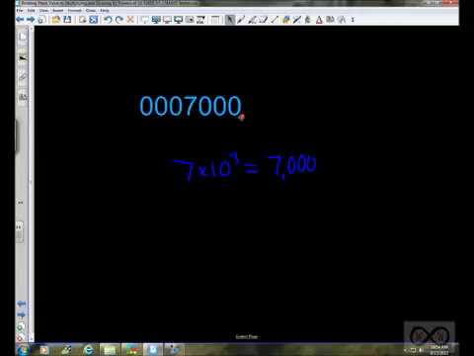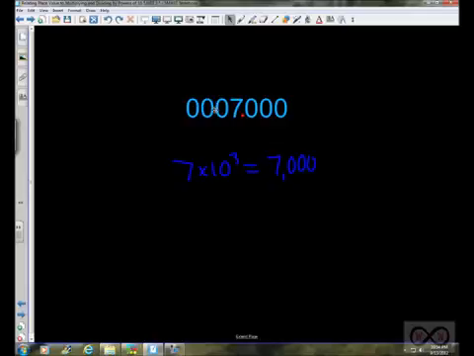Really, the decimal point stays to the right of the ones place for all time. Even though the 7 is moving to the left, increasing in value on the place value chart, look at that decimal point. 7 times 10 to the third, so it's 3 places over: 1, 2, 3. The decimal point appeared to move to the right 3 places.